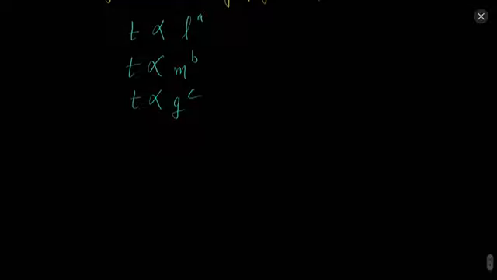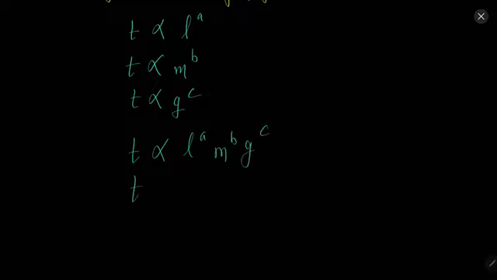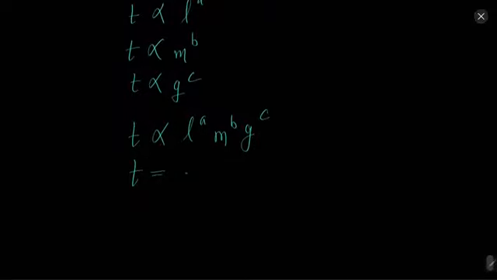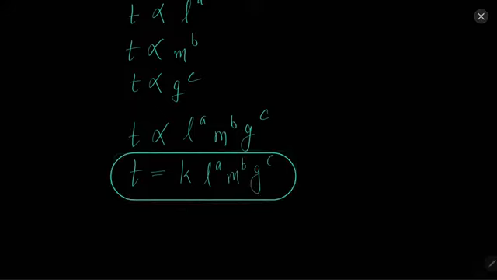Let's see how. So we know that this can be written like this. Now whenever we put an equal to sign, there is one constant, so let's say the constant is k. So the equation is this for now. Now what is our task? Our task is to find the value of ABC, which will give us the relation between time and length, mass and acceleration due to gravity.